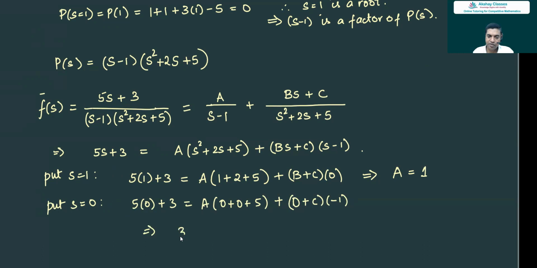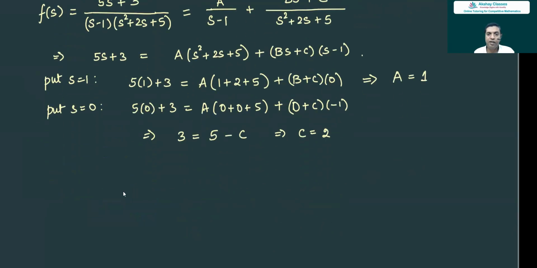So this gives 3 is equal to 1 into 5 minus c, so c is equal to 2. So a is equal to 1 and c is equal to 2.